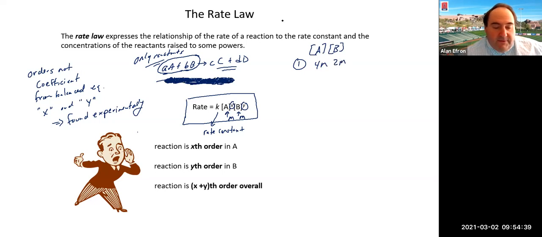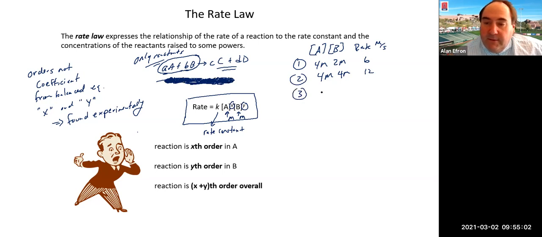And it may give you an initial rate for that, in molarity per second, maybe it's 6. Then they'll say you did this experiment again. This guy was 4 molar, this guy was 4 molar, and the rate was like 12. And maybe you did it a third time with 2 molar and 2 molar, and the rate was like 3. We'll see how I did making up numbers here.